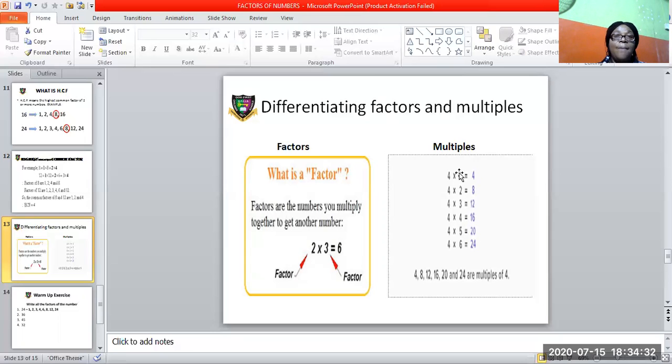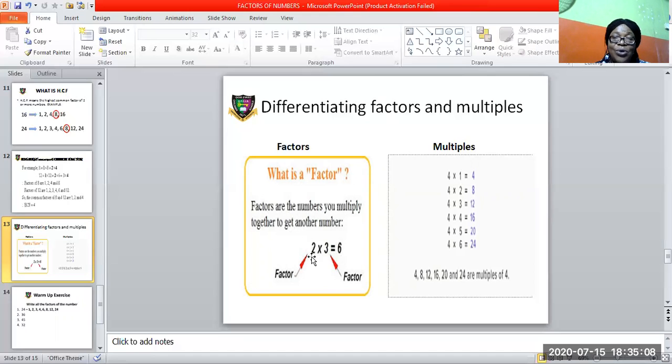That is what we call multiple. Therefore, in this example, we have 4, 8, 12, 16, 20, 24. Why? Because we are group counting in 4. Keep counting in 4. And the answers make up the multiples.